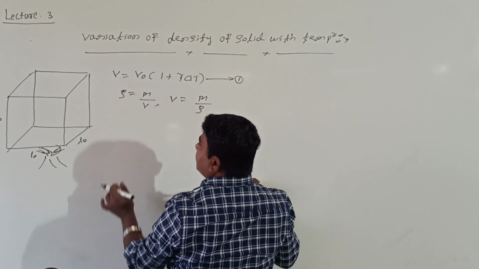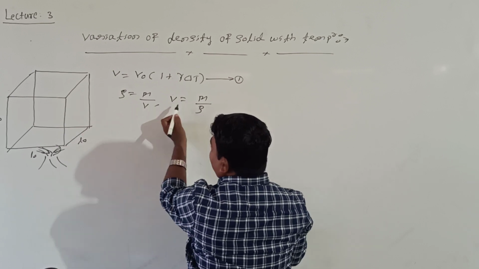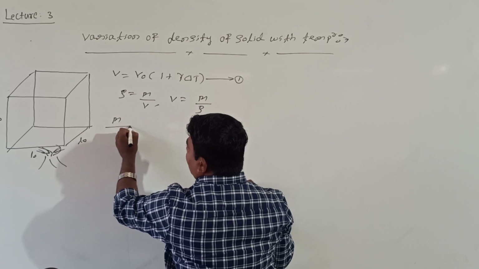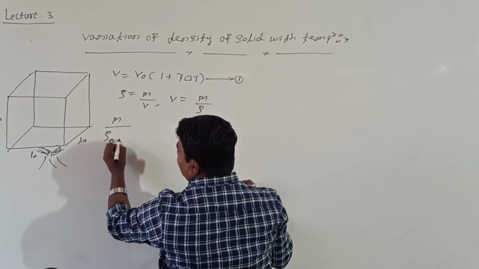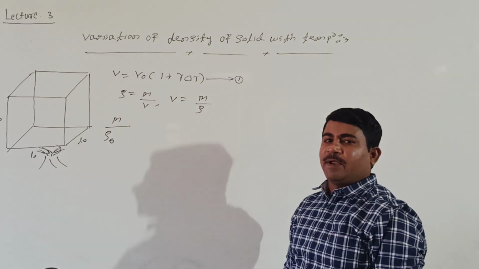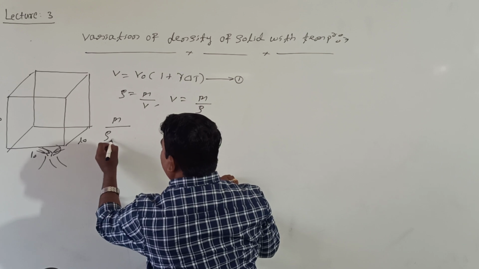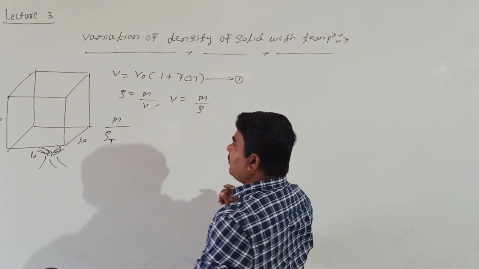For this V, nothing but final volume, I will represent volume is equal to mass by density. Rho, I will take the density at T temperature, because it is the final value.